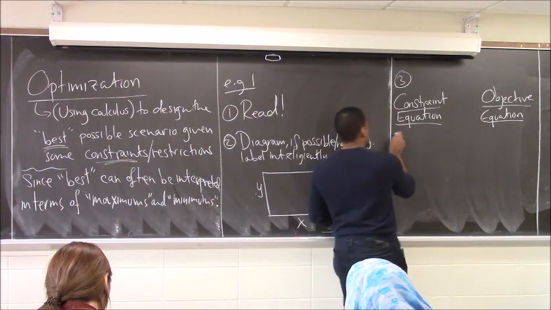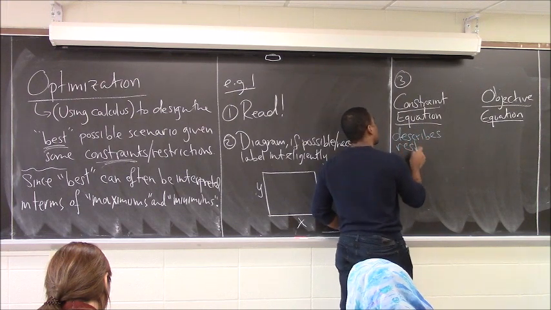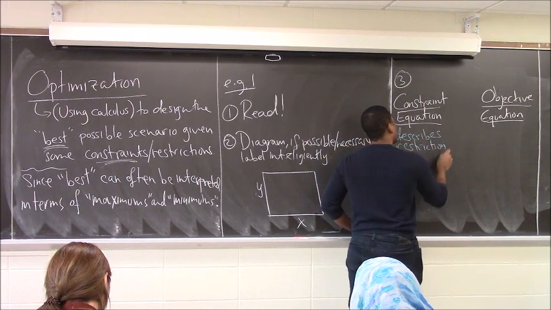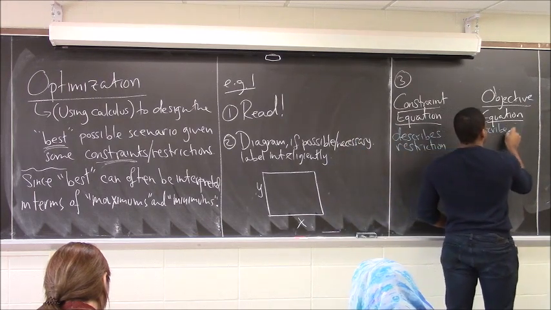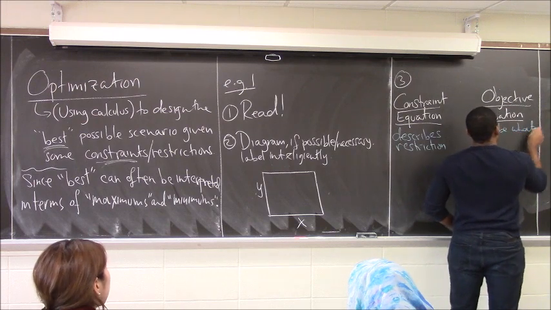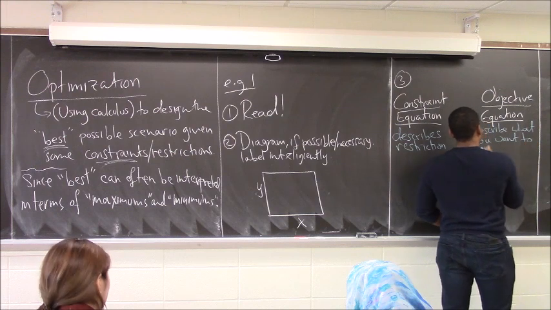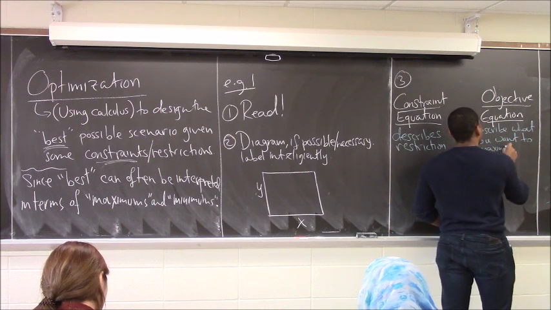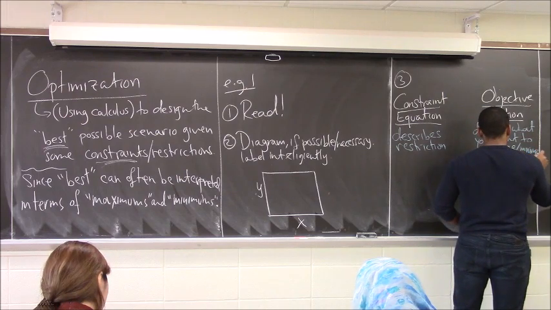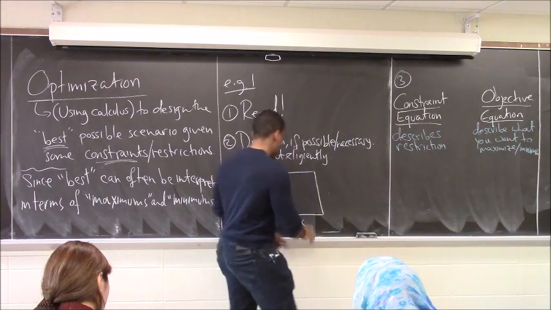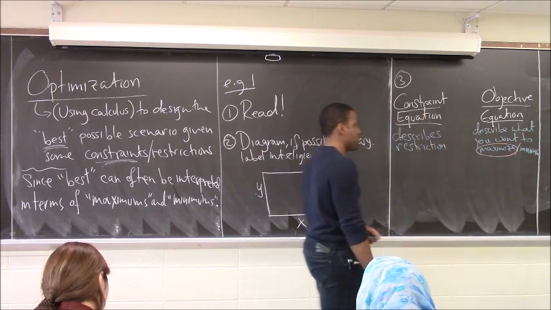So this guy should be an equation that describes your restriction, or your constraints. This guy is going to describe what you want to actually optimize, or what you want to maximize or minimize. And in this scenario, we want to maximize something. We want to maximize the area.